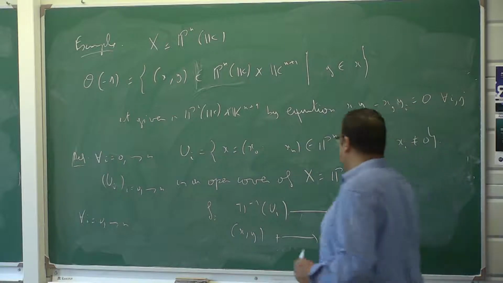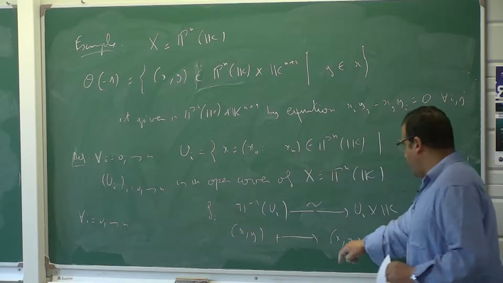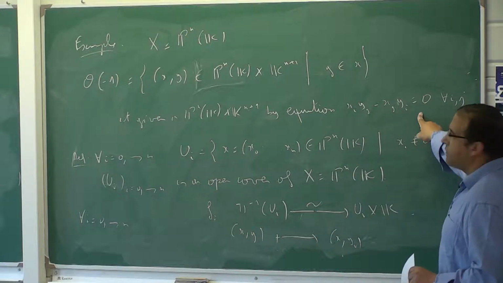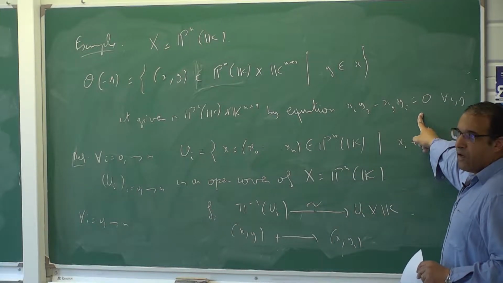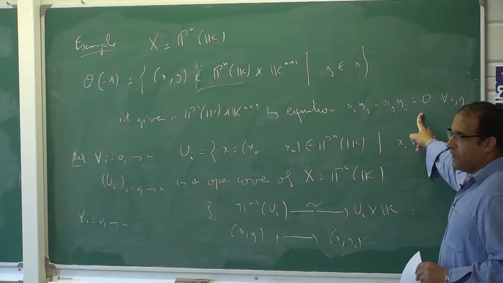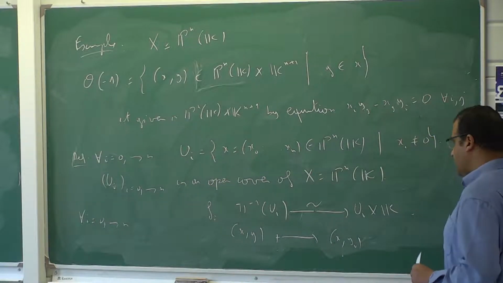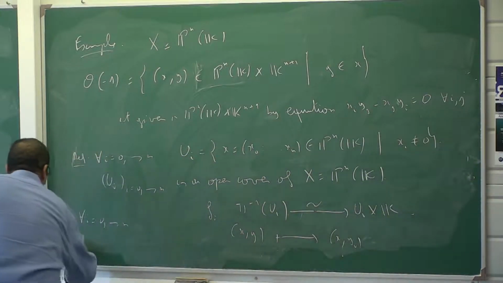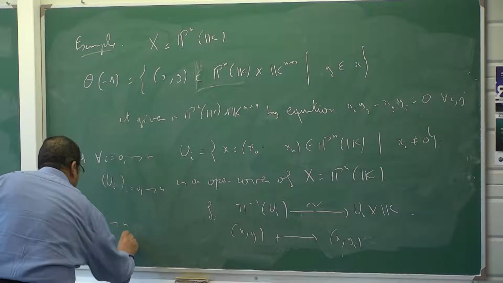This is an isomorphism, because if you know x and if you know y_i, by using this formula you determine all y_j. So this is an isomorphism, and this is the reason for which O(-1) is a line bundle.